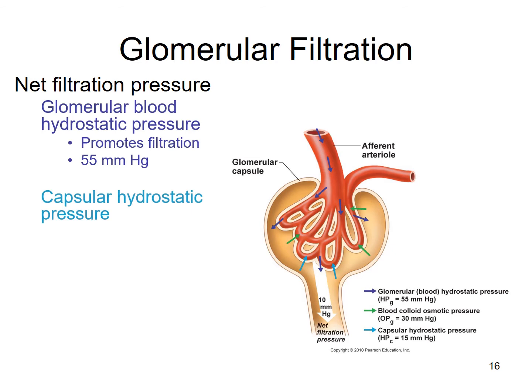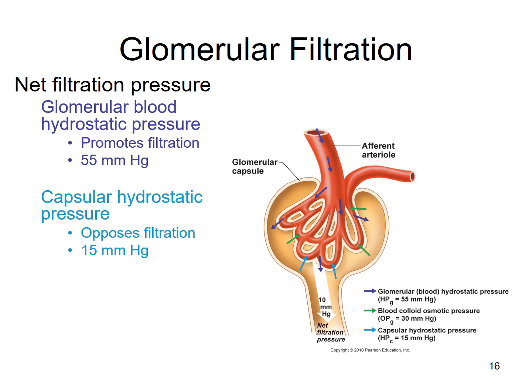Capsular hydrostatic pressure is present in this case, and because the glomerular capsule is as small as it is, it's going to resist this hydrostatic pressure of the glomerulus with its own hydrostatic pressure that kind of pushes back. And so it'll actually push back at a rate of about 15 millibars. So this is something that opposes filtration.